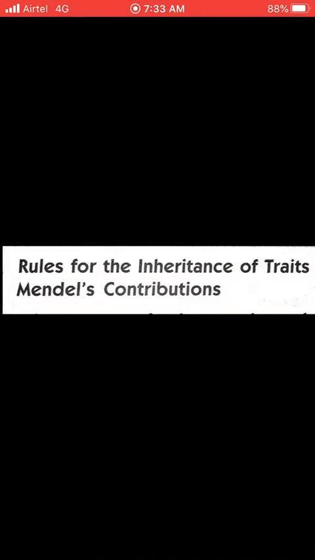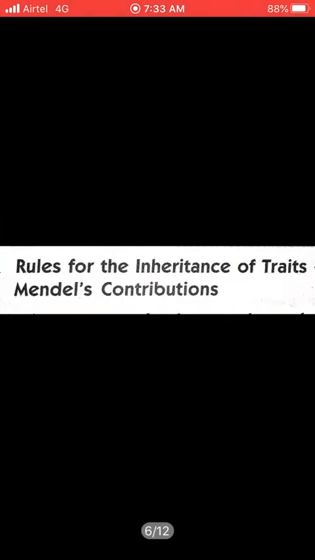So these are certain things which we will come to know after learning Mendel's laws, which Mendel has given in his work. Okay. So what is his work basically? The rules for the inheritance of a trait.